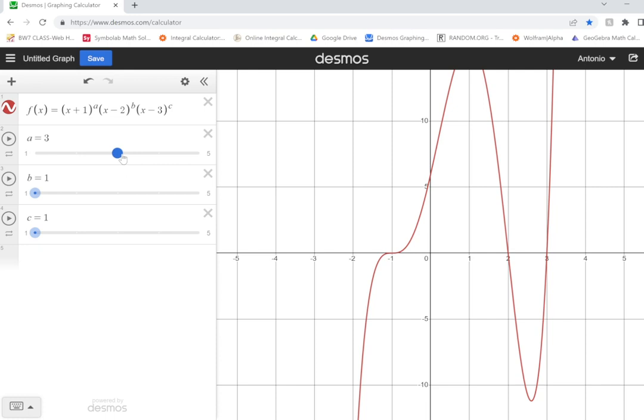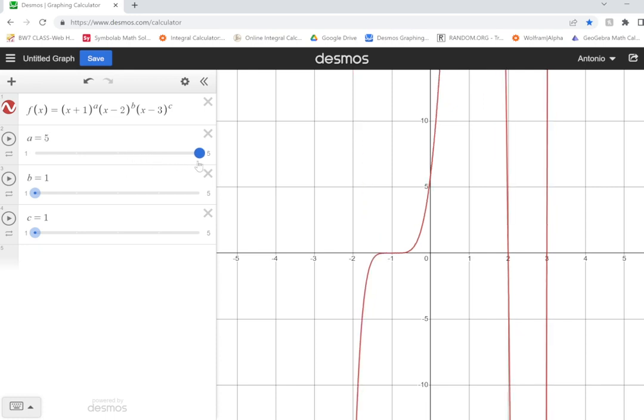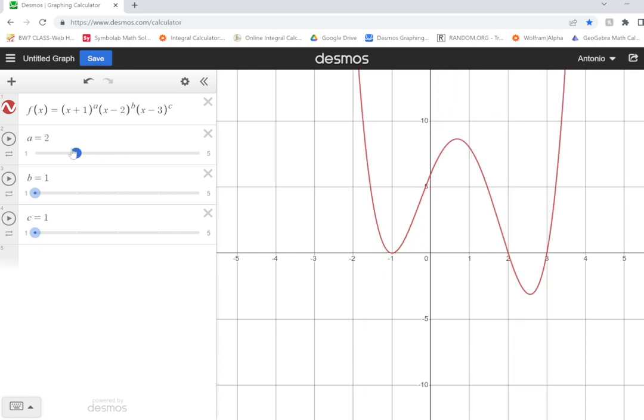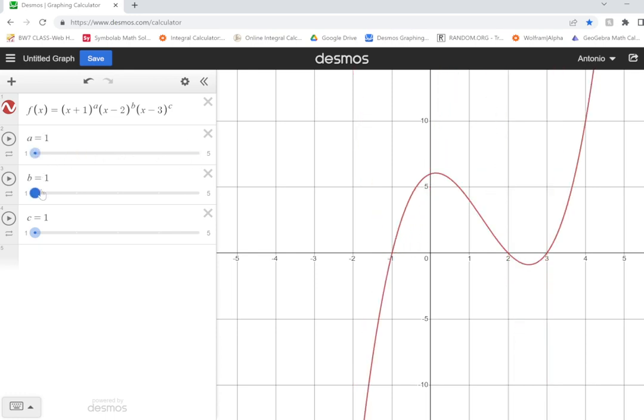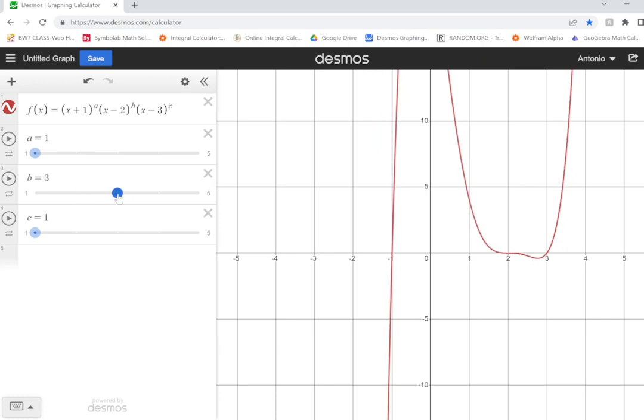And in fact, if I were to change it to the next odd number, 5, it has that same general behavior. And again here, if I do this to b, when I make it odd, it has that same behavior: it comes down, flattens out a little, and then continues to pass through the x-axis.